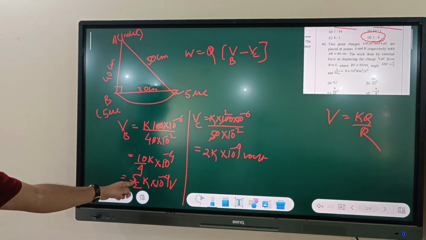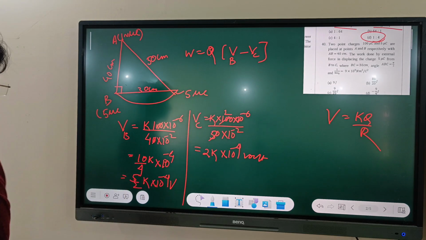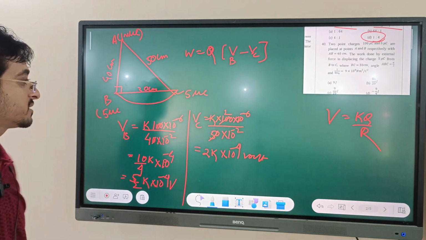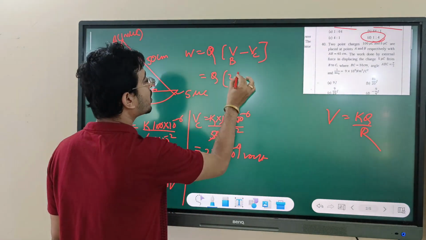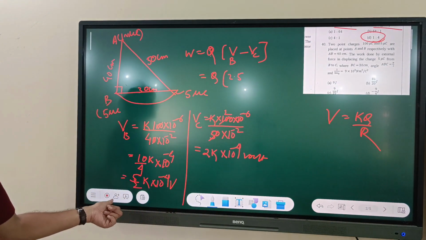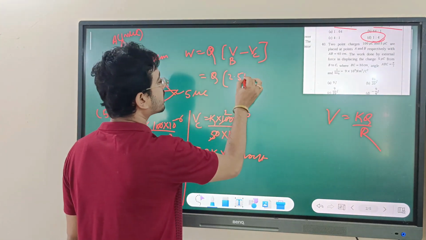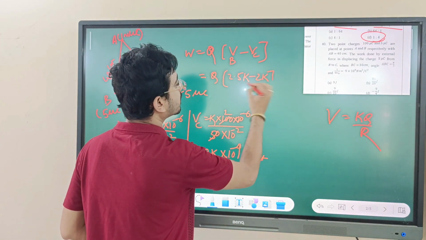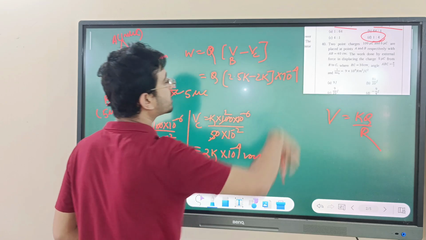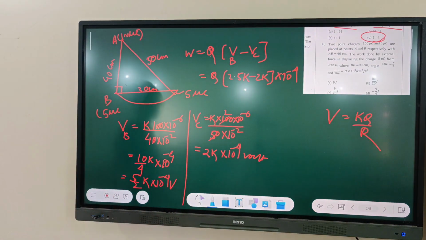Potential at B is 2.5k into 10 to the power minus 4 volt, and at C is 2k into 10 to the power minus 4 volt. The potential difference will be 5 by 2, that is 2.5k of 10 to the power minus 4 minus 2k of 10 to the power minus 4. I am taking 10 to the power minus 4 as common.